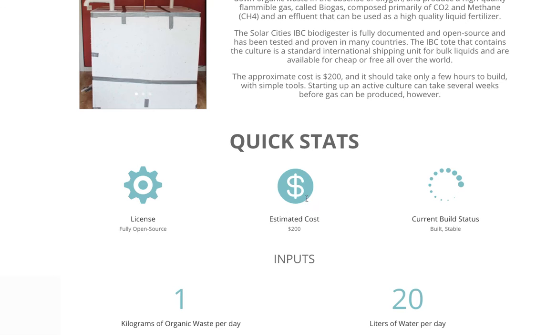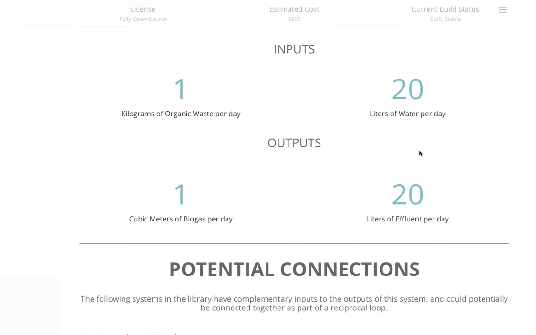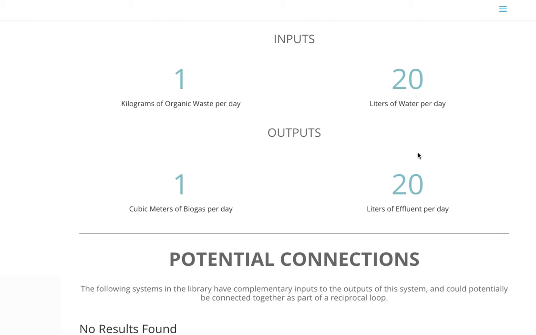This one's fully open source, how much it costs, $200, whether or not it's built or whether it's theoretical. This one is built and stable. It's been built and tested multiple times. And based on that, people know that you can get these inputs and these outputs, approximately. These are all not exact, but the idea is that if people share their performance data, then we can also share their inputs and outputs, and then we can model them in this virtual space.